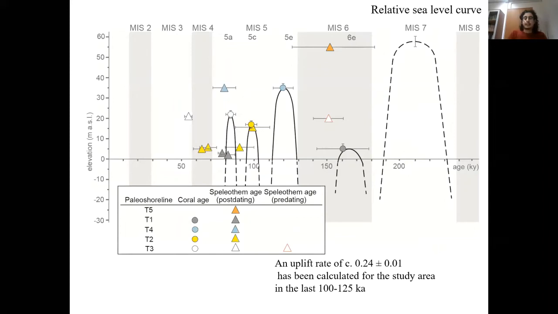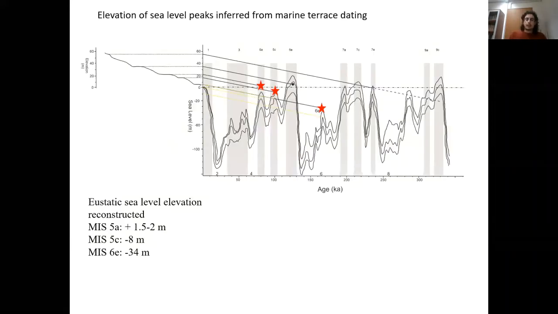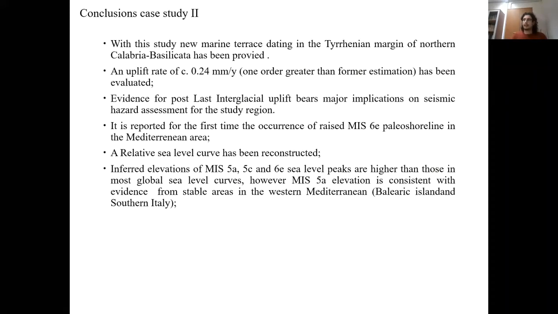A relative sea level curve was reconstructed and an uplift rate of 0.24 was calculated. And also the new dating allowed us to reconstruct some eustatic sea level for this area.